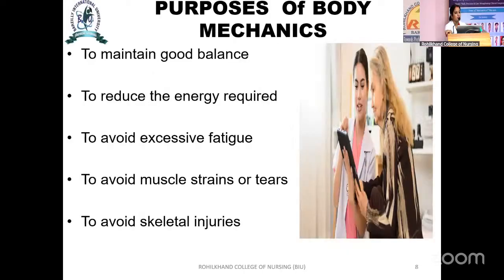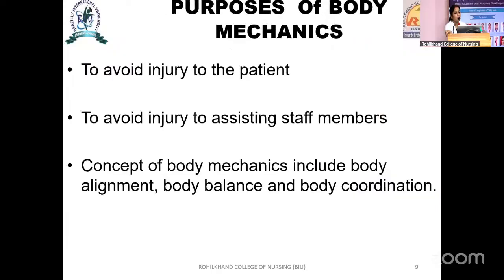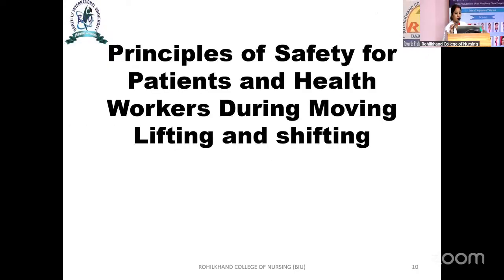Some specific purposes of body mechanics are to maintain good balance, reduce energy required, avoid excessive fatigue, avoid muscle strain and tearing, avoid skeletal injuries, and avoid injury to the patient as well as the staff member. The basic concepts of body mechanics include body alignment, body balance, and body coordination.